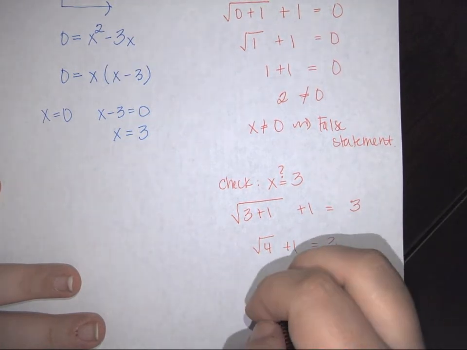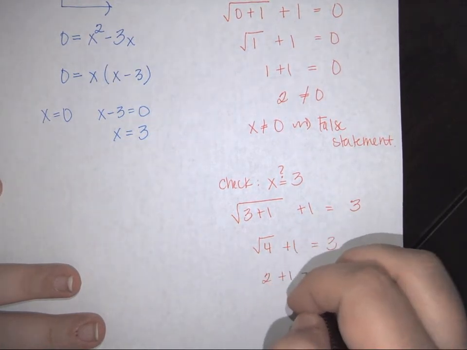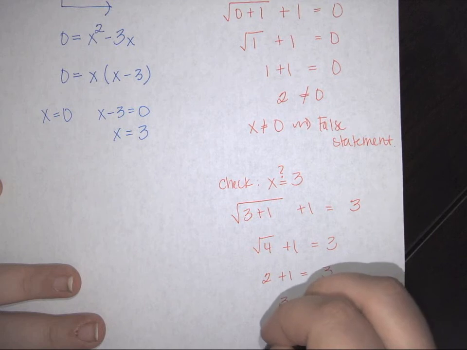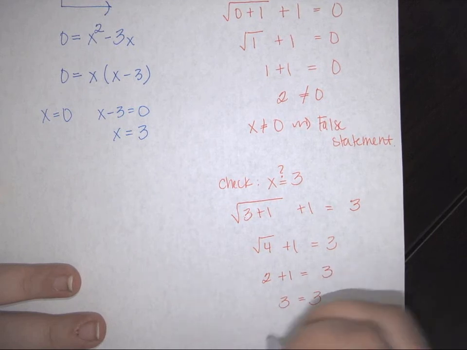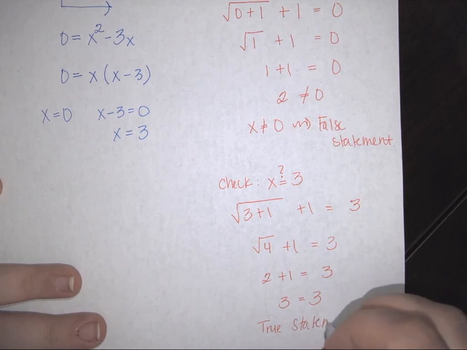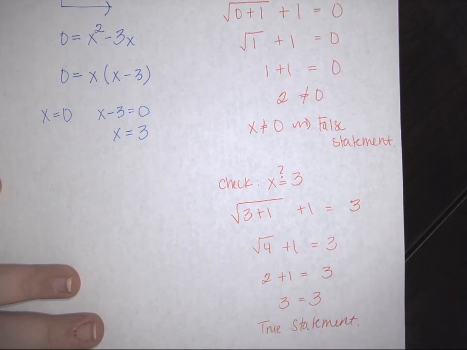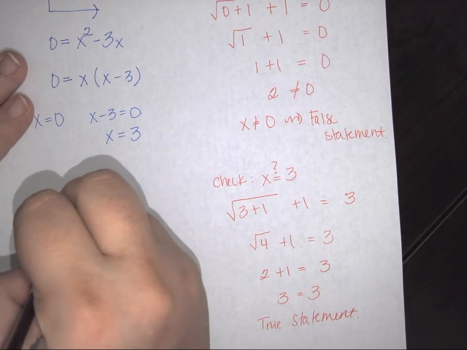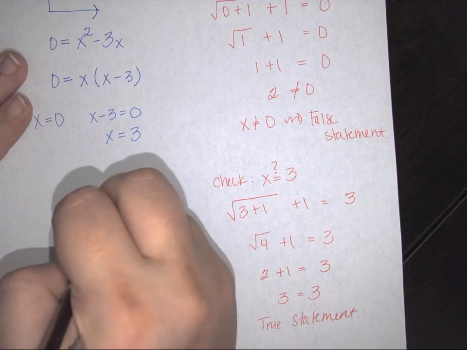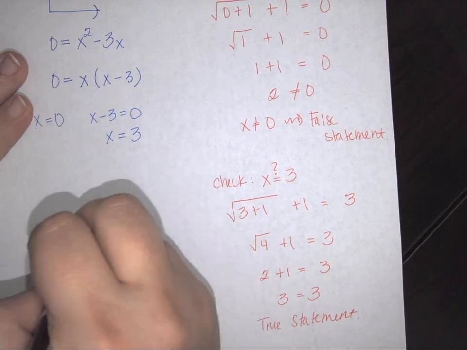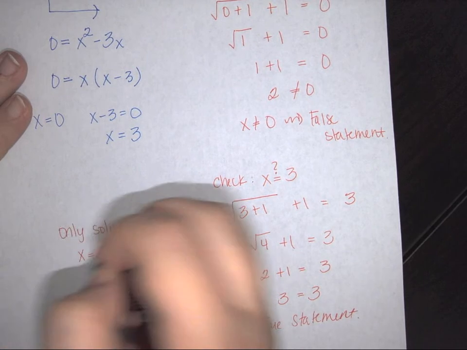The square root of 4 is 2, plus 1 equals 3. And here I have 3 equals 3. This is considered to be a true statement. Therefore, the only solution is x equals 3.